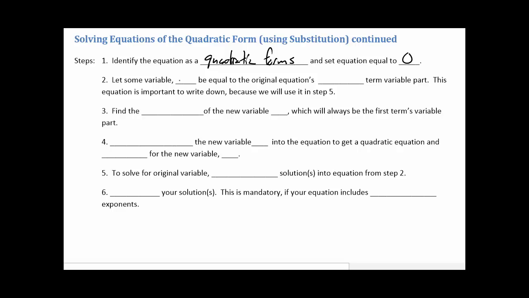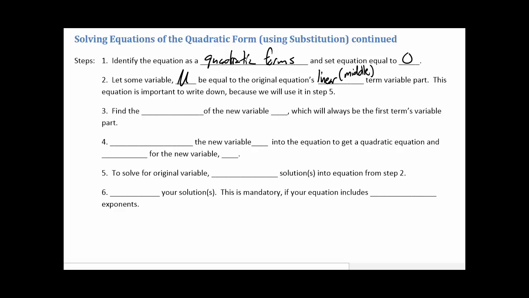Then we're going to let some variable u, which is why we call it a u substitution, be equal to the original equation's linear or middle term. And this is something that we're going to write down because we're going to eventually use that to solve the problem.